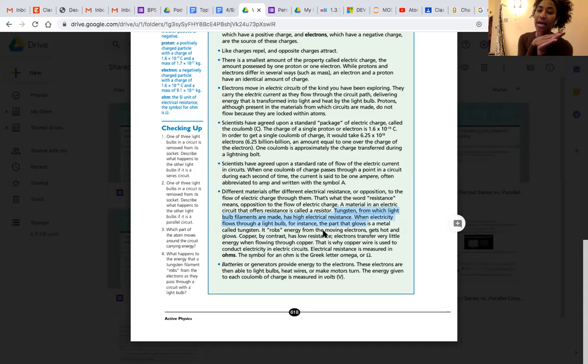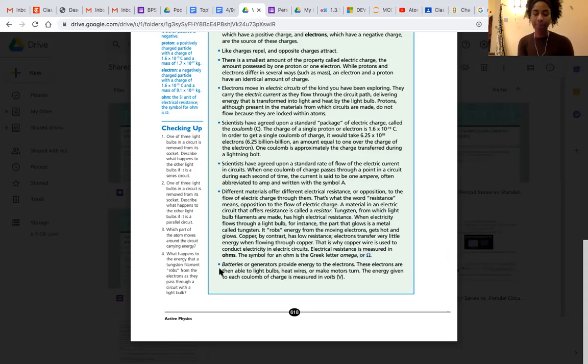And things that don't allow electricity to move have a higher resistance, and those are like tungsten. And we measure resistance in ohms, right? Like ohm, but not quite. So that's the Greek letter omega, and this is the symbol for that, okay?